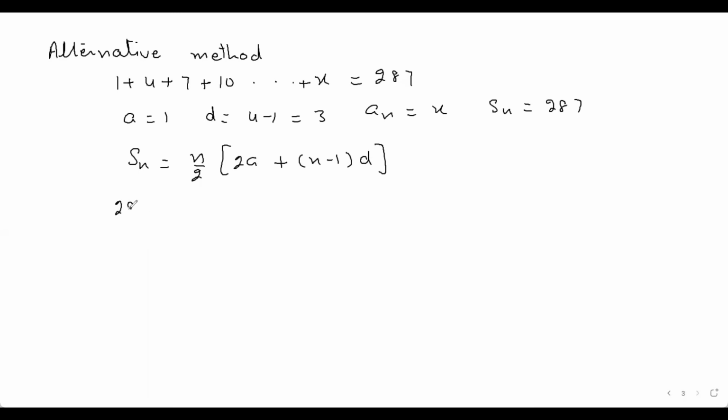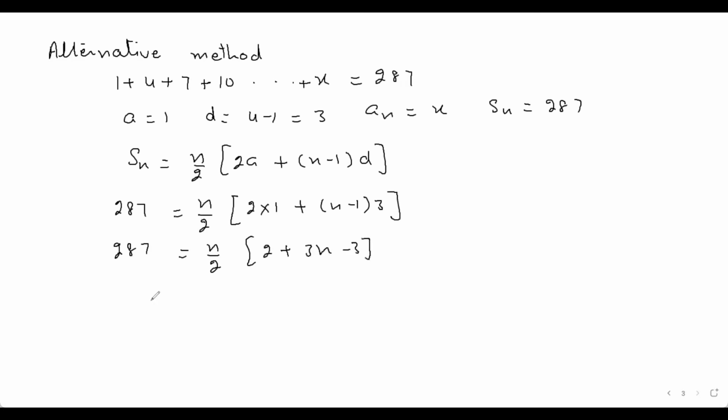Sn is 287 is equal to n by 2 into (2 into 1 plus (n minus 1), d is 3). This is 287 is equal to n by 2 into (2 plus 3n minus 3). This is multiplied by 2.